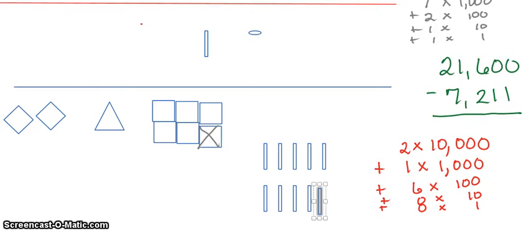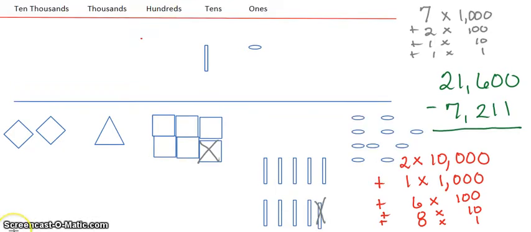Now that I have broken up one of the hundreds into 10 tens, I can take away 1 ten from these 10 tens. However, I still need to deal with my ones place value. So before I start subtracting from my tens place value, I'm going to take one of these 10s and turn it into 10 ones.